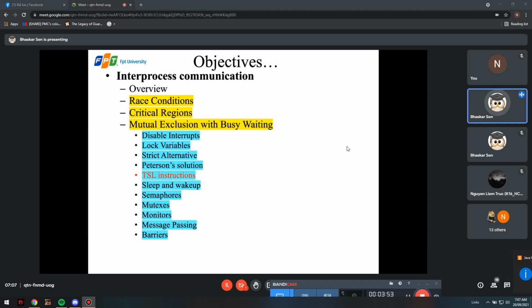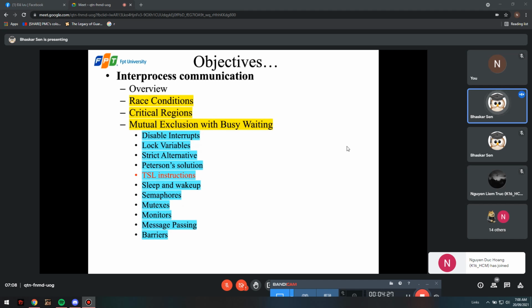So there are two conditions that must be satisfied for a process or a thread to run into a race condition. The first condition is there must be a shared data involved or shared resource. In fact, data itself is a resource, so we will just use the word resource.